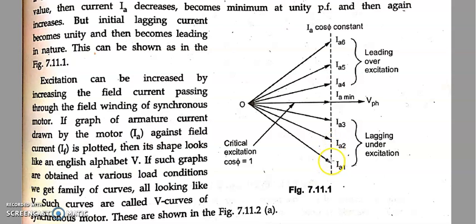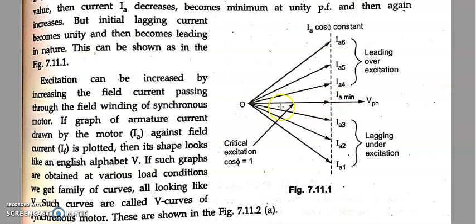When I excite slowly, you can see the value of IA1 will decrease, yes or not? When compared to IA1, IA2 length is less, the magnitude of IA2 is less. And furthermore I will excite to IA3. Again it will be less. So from this point to this point, it is all lagging power factor condition.